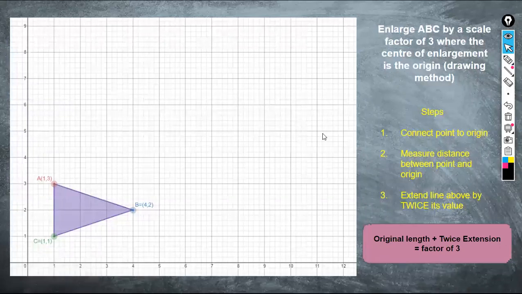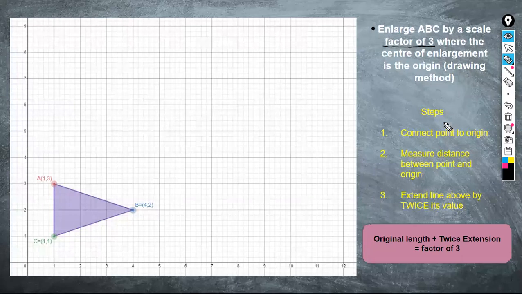So here we have a triangle. Let's say that we want to enlarge it by a factor of 3. What does that mean? Obviously, if you're enlarging something by 3, that means the triangle should be 3 times larger at the end of the question.